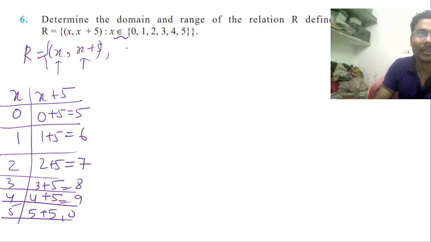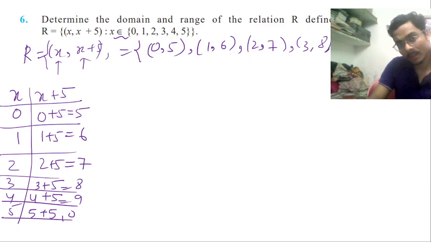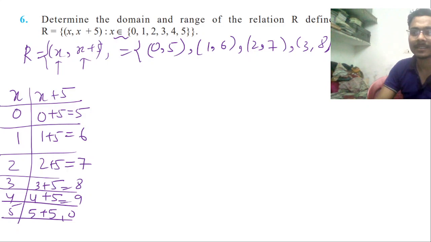Okay, so in roster form we have 0 comma 5, 1 comma 6, 2 comma 7, 3 comma 8, 4 comma 9, and 5 comma 10. So this is the relation set.